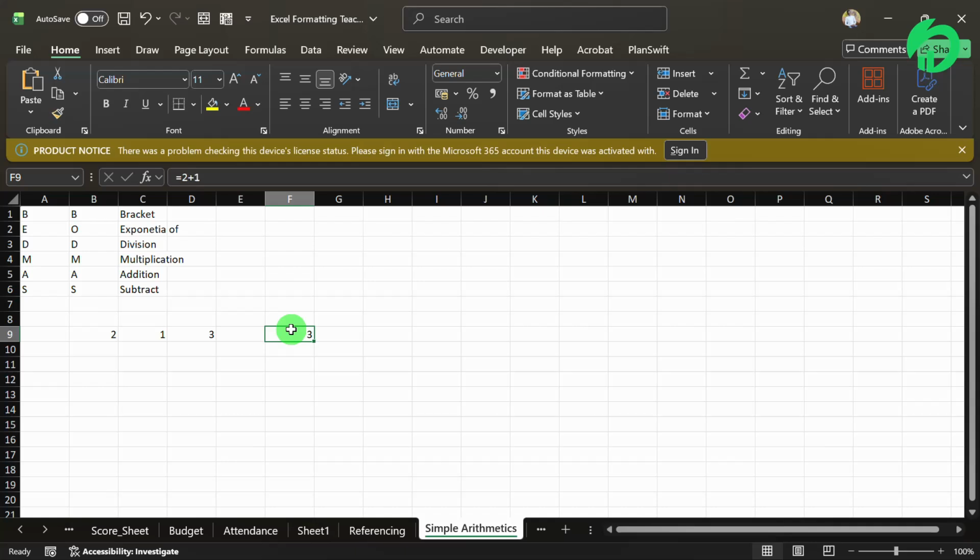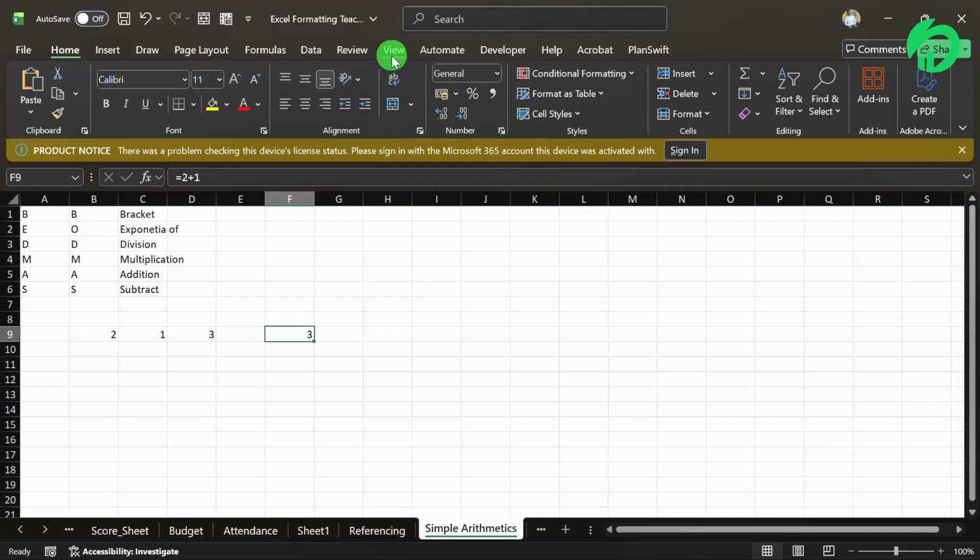To know the formula, we need to go back to the formula bar. So if you are given an Excel workbook that you are seeing for the first time, and you can see some operations done on it, just click on the cell and this formula bar will give you information about how they got the answer.